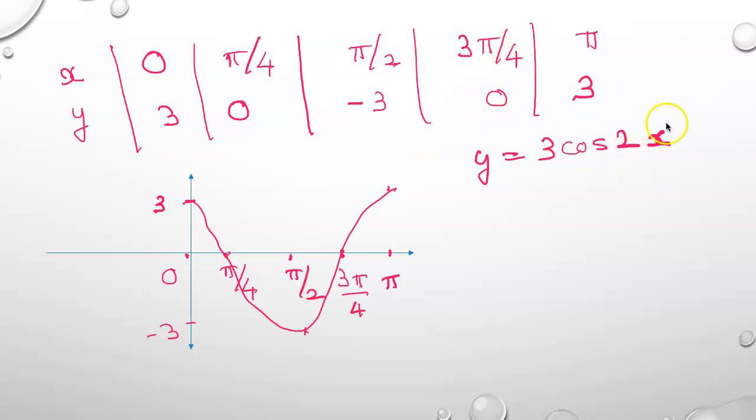At 3 pi by 4 you get 3 cos 3 pi by 2, which is 0. And at pi you get 3 cos 2 pi, which is 3. So you can see that at 0 it is 3, at pi by 4 it is 0, at pi by 2 it is minus 3, at 3 pi by 4 it is 0, and at pi it is 3. So this is roughly the graph of y equal to 3 cos 2x.